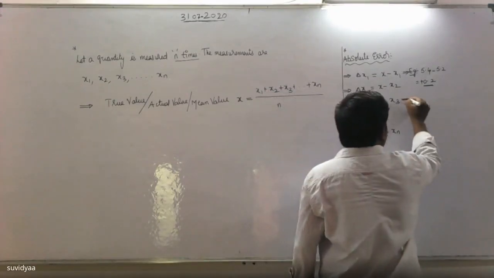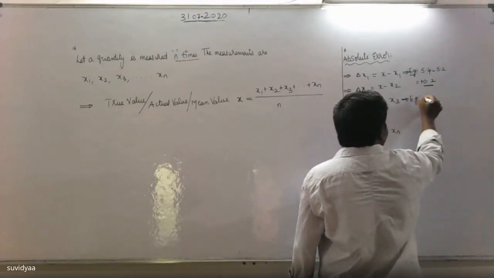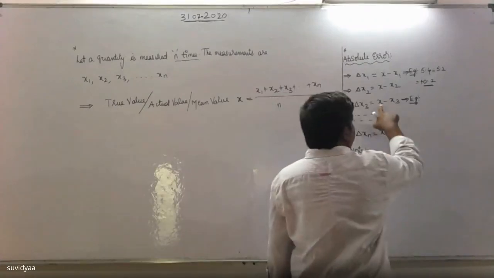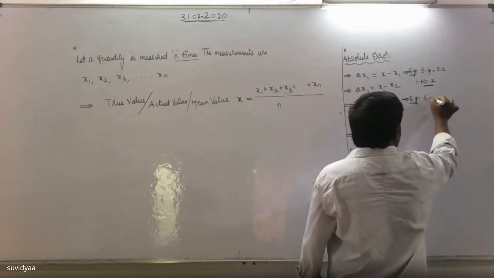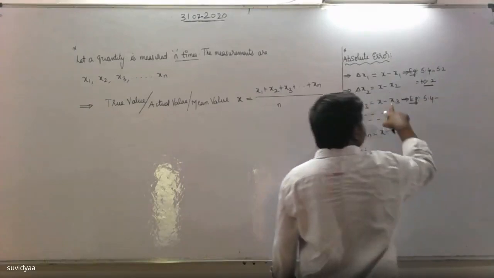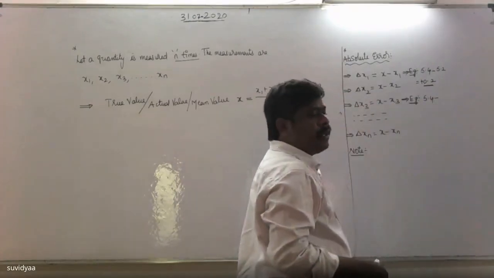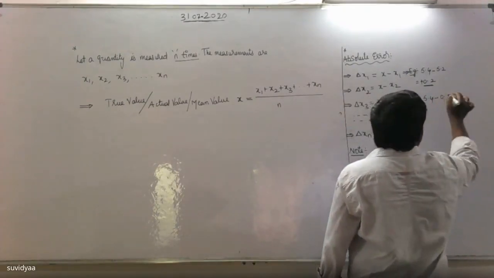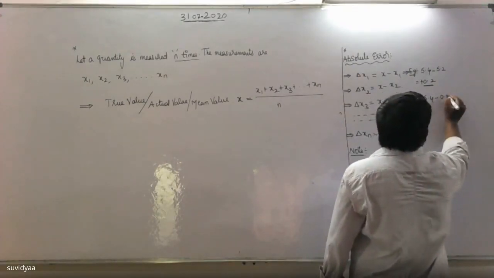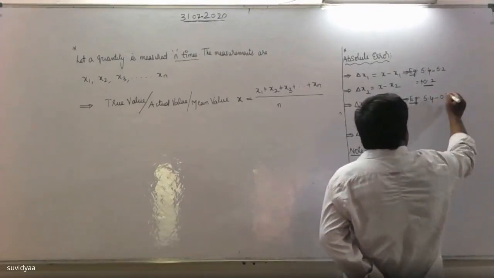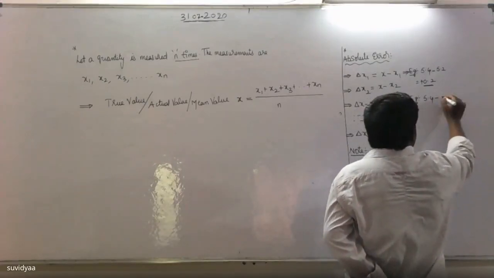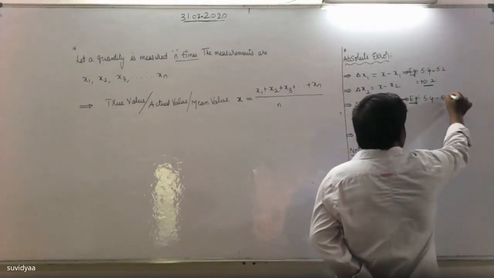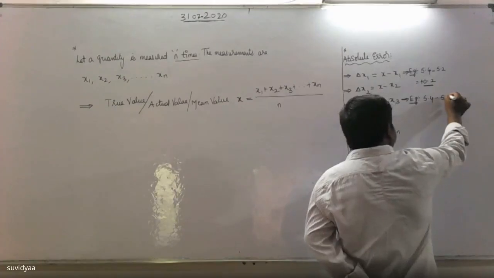Just for example, suppose x value is 5.4 minus x3 value is 5.1.